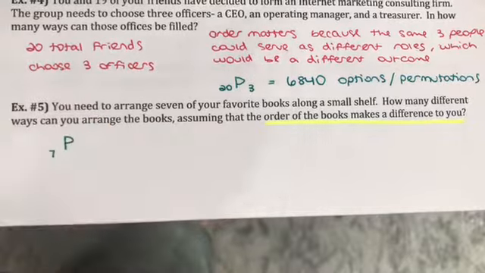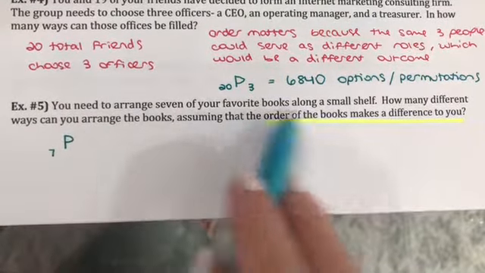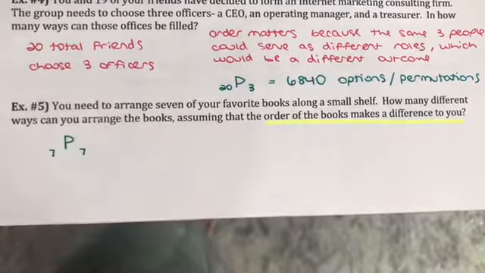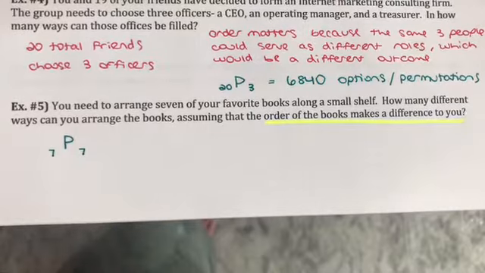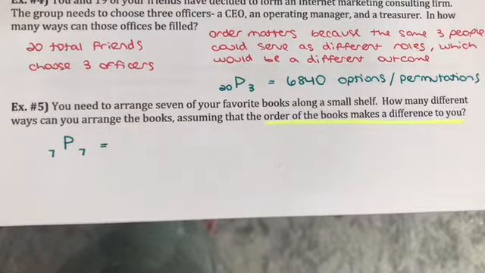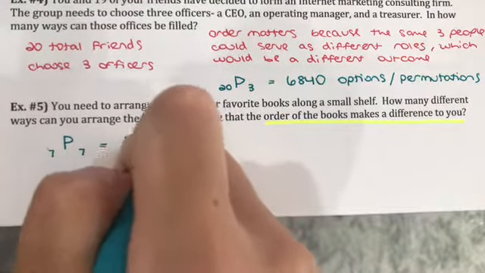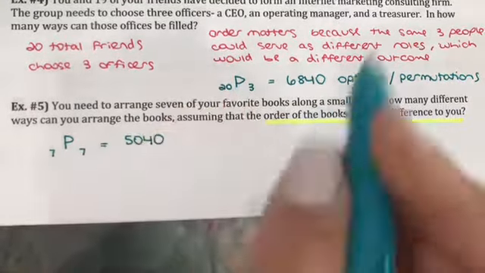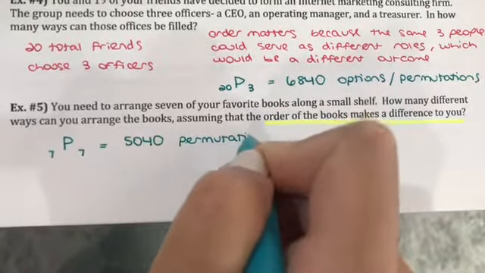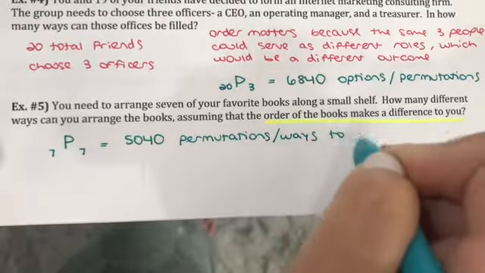The order matters, and we're using all of the books. Notice they didn't say anything about only choosing a certain number of books, so that's why we're going to have 7 over here. What does that give us when we type it into our calculator? 7 permutation 7, I got 5040 permutations, or ways to arrange.